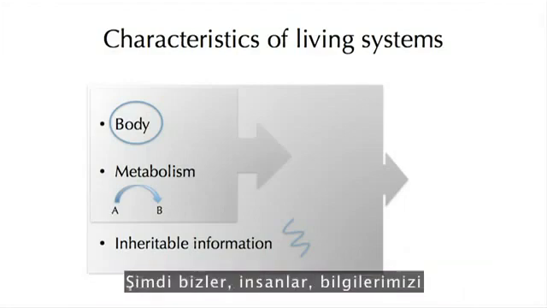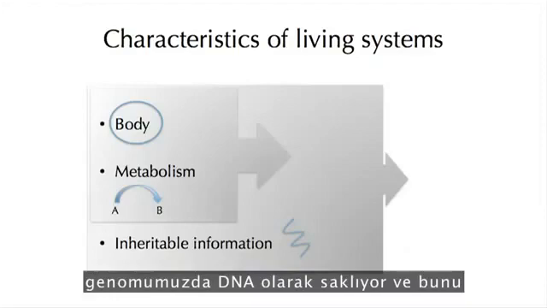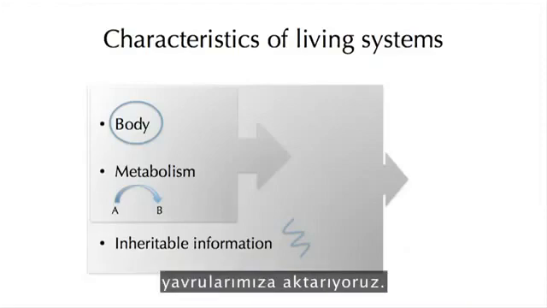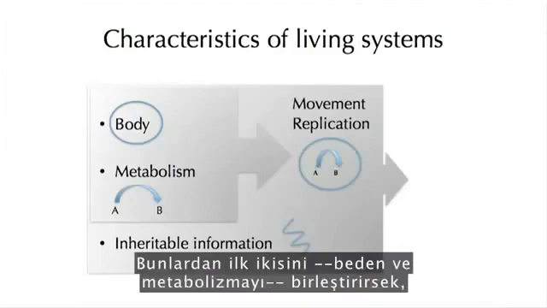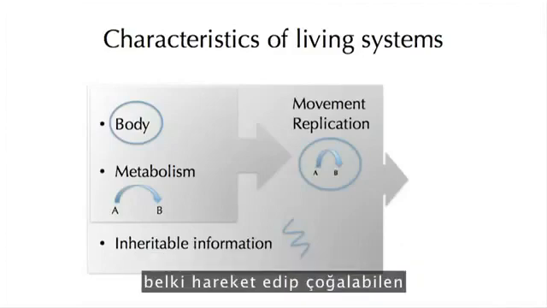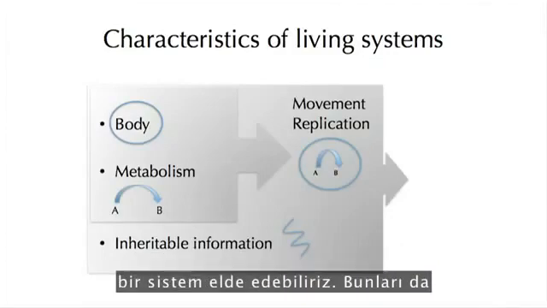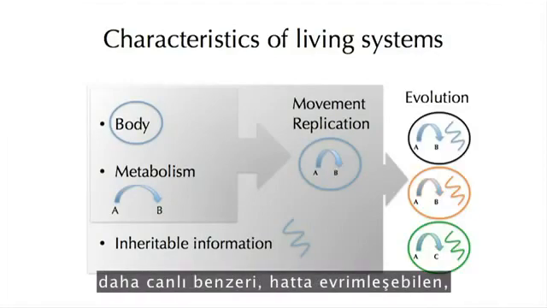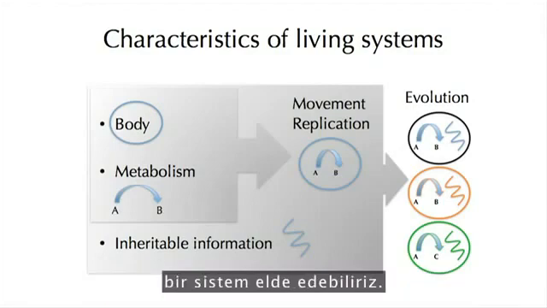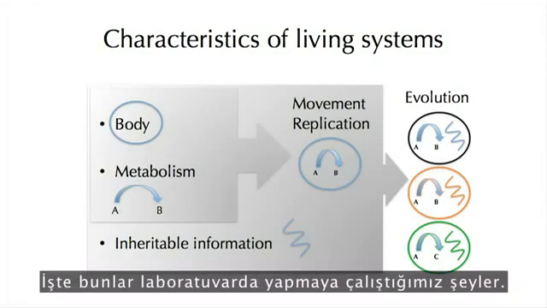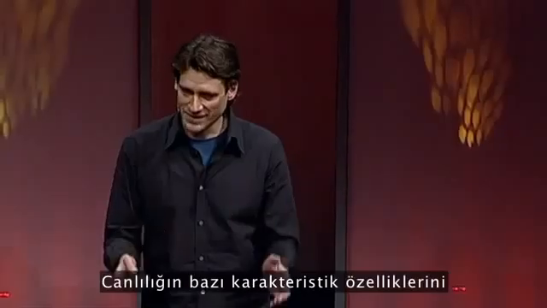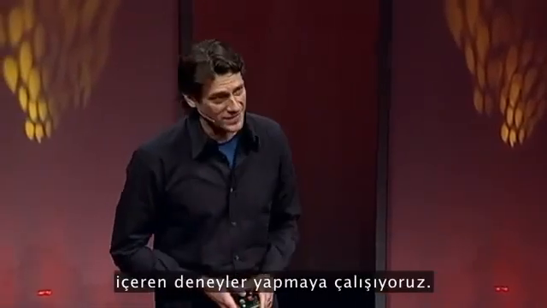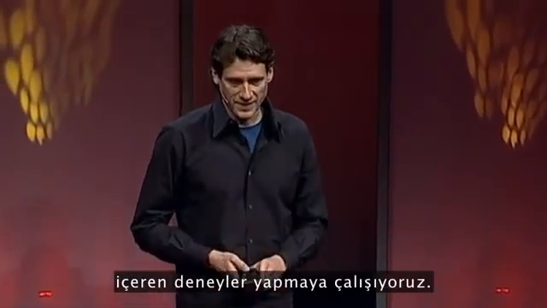Now we as humans, we store our information as DNA in our genomes, and we pass this information on to our offspring. If we couple the first two, the body and metabolism, we can come up with a system that could perhaps move and replicate. If we couple these now to inheritable information, we can come up with a system that is more lifelike and perhaps evolve. And so these are the things we'll try to do in the lab, make some experiments that have one or more of these characteristics of life.